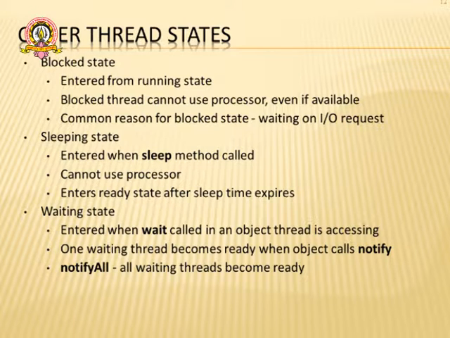Okay. So next is the waiting state. The blocked state is one special thing, and the waiting state is where I make the thread wait for some event to occur. The programmer will deliberately make the thread go into the waiting state by using the sleep method. Like that we have different methods which can be used for making the thread wait.